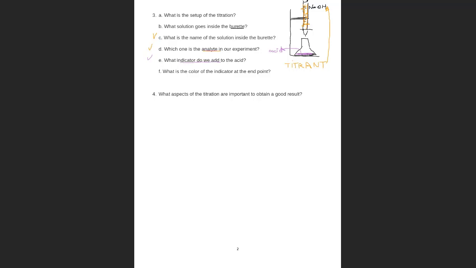And the question is here, what is the color of the indicator at the end point? And we know that the phenolphthalein has no color in acidic solution and has a pink color in basic solution. So why does it turn pink? Because we have the acid in the flask, and once all the acid has reacted with the base that we are adding slowly from the burette, we reach the end point, and then at the end point, it's neutral.